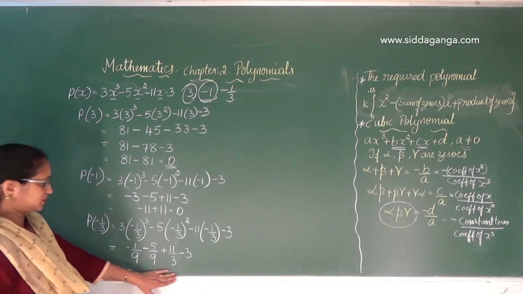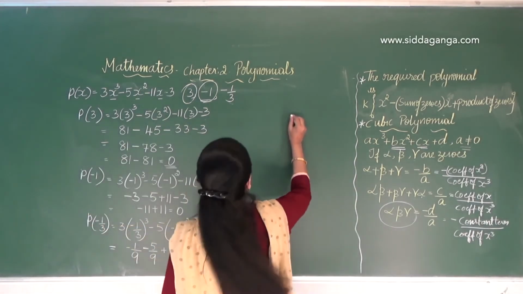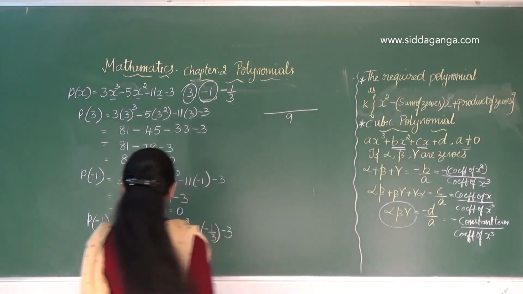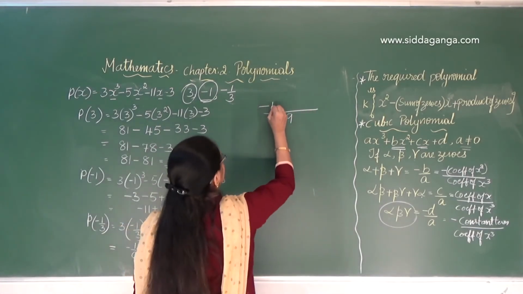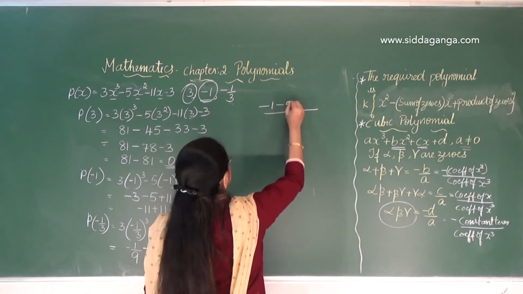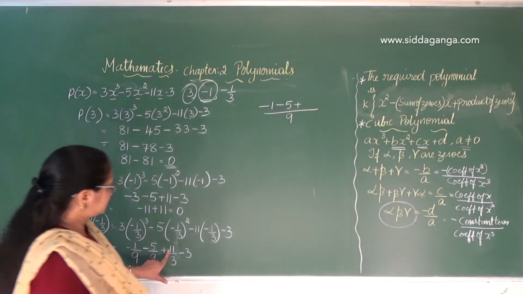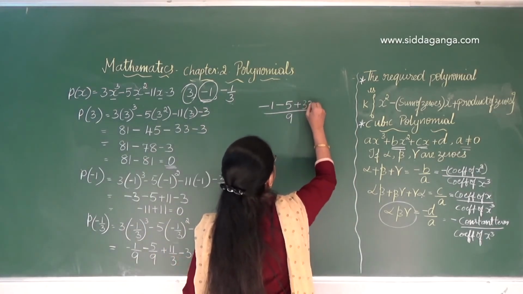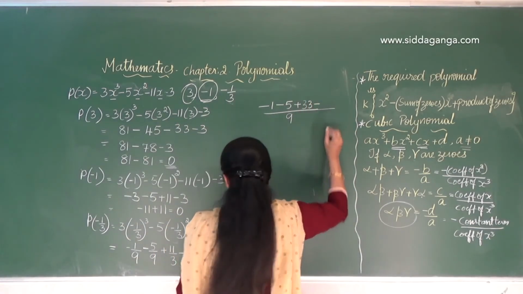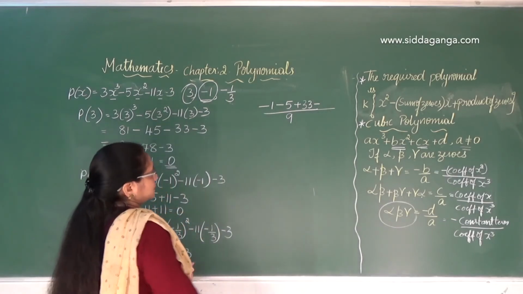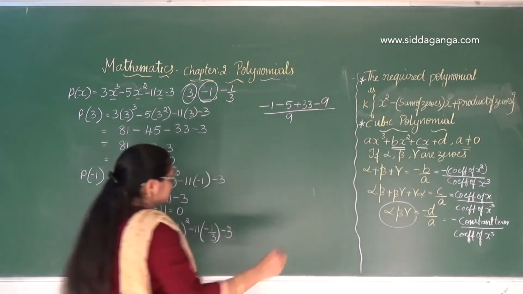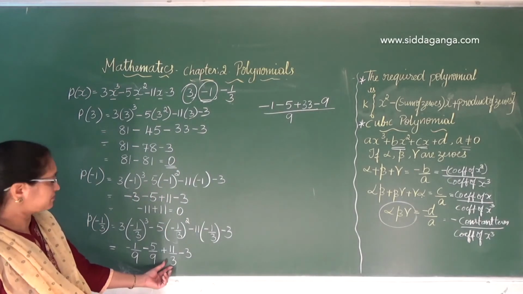Now, here what is LCM? 9 is LCM. So, here minus 1 minus 5, then plus here 3 3s are 9, 3 11s are 33 minus 9. I hope you understood. So, yeah, 9 is the LCM.